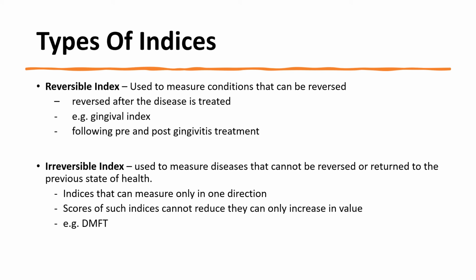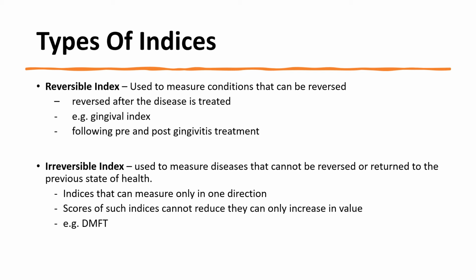Reversible and irreversible indices. Now, an index that can measure the condition of a disease after the disease has been treated is a reversible index. So it's used to measure conditions that can be reversed. For example, when you're talking about gingivitis, you know that gingivitis is the earliest and reversible form of periodontal disease.